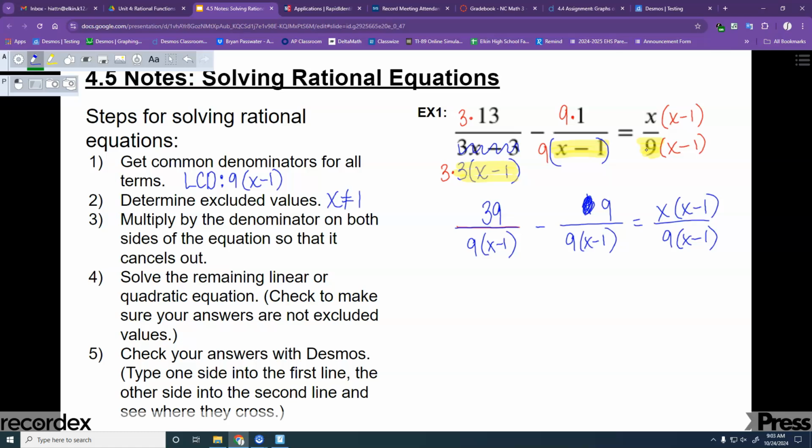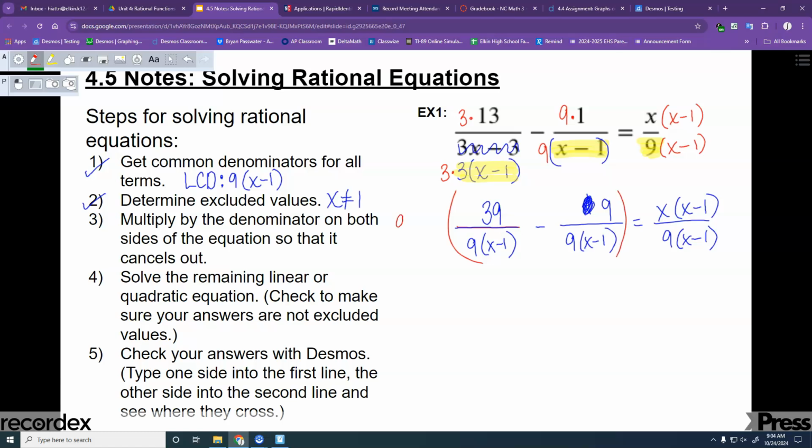All right, so we have got our common denominators. We have determined our excluded values. Step 3 says multiply by the denominator on both sides of the equation so that it cancels out. You don't even really have to write this step, but I'm going to.